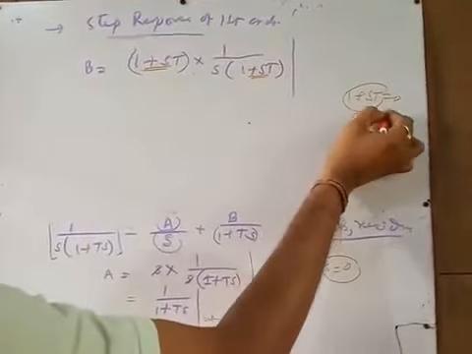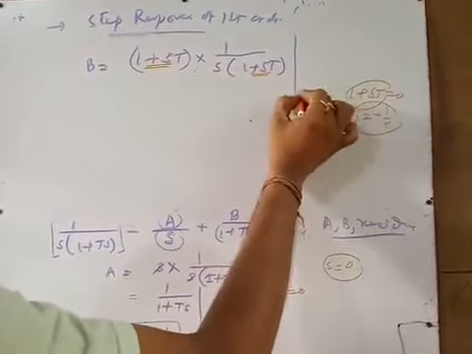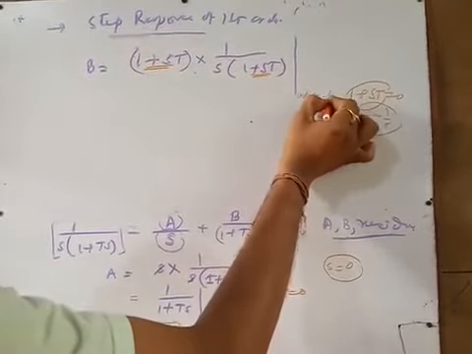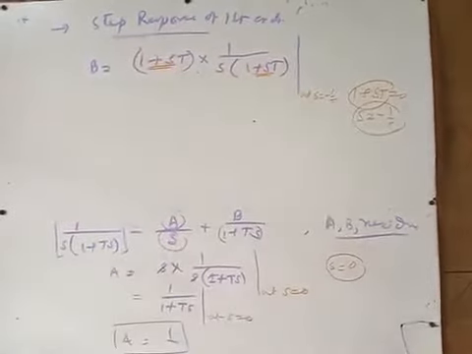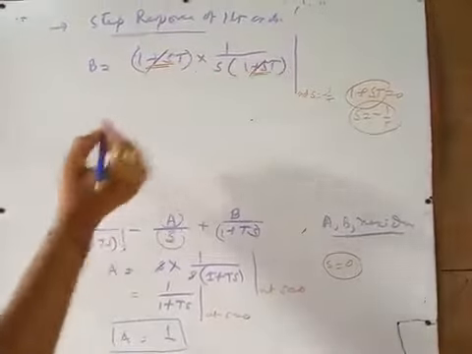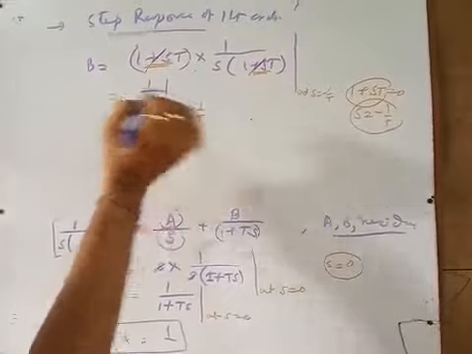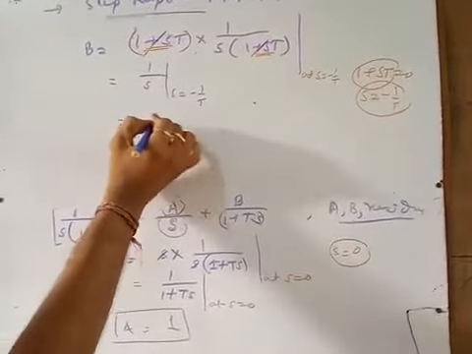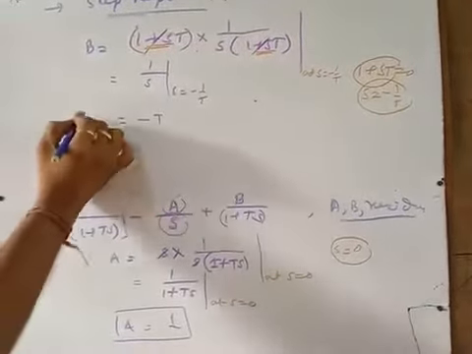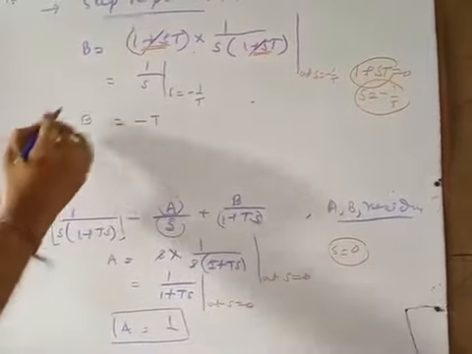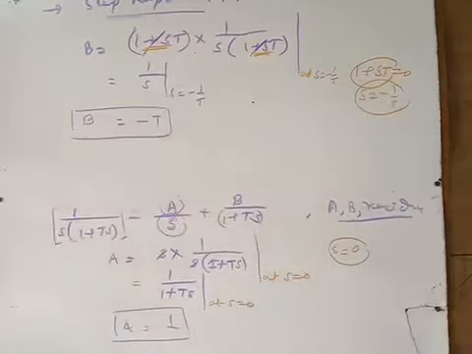So S is equal to minus 1 by T. At S is equal to minus 1 by T, 1 by S gives minus T. So the value of B will be equal to minus T, right?